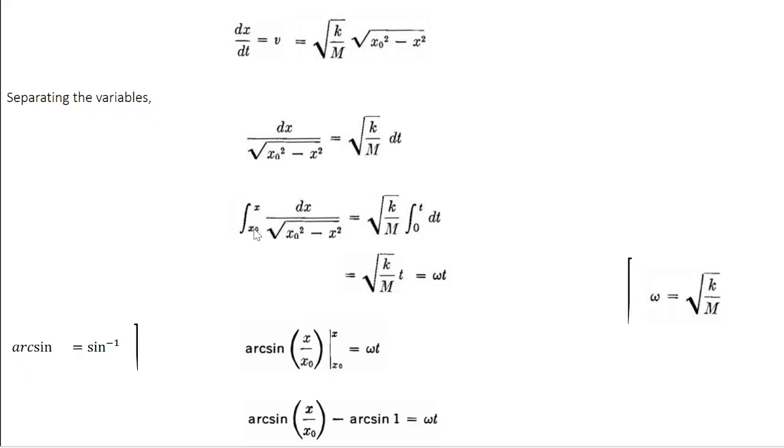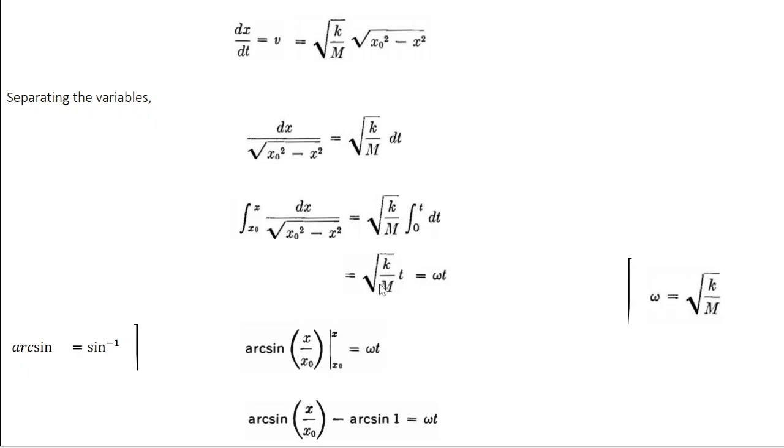Initially it is at position x0, and after some time t it moves to position x. So the integral limits are x0 and x here, and here initially time equal to 0, and after time t, what's the position? That is our question. So the limits are 0 and t. Now first let's do the right hand side, because this is simple. The integral of dt is t.